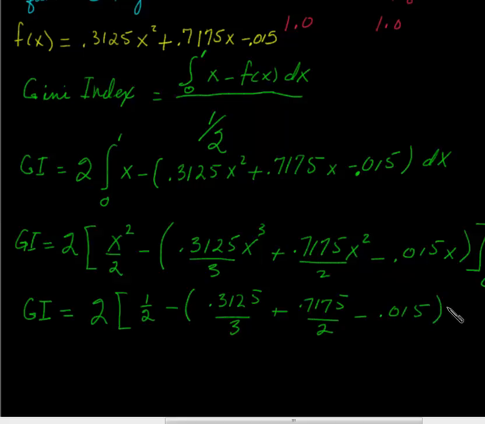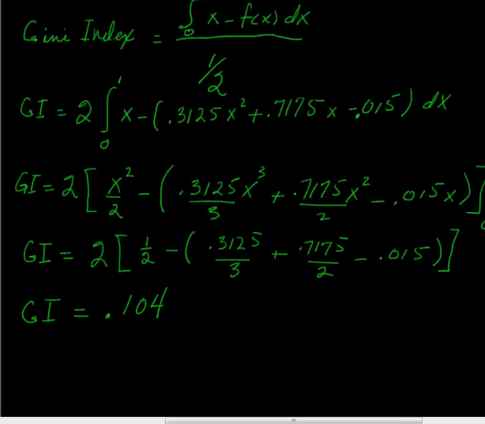Now that's what I get at 1, and what I have to subtract off would be what I'd get at 0, but we've already reasoned through that and we know that's going to be 0. So what do I do now? Well, that's all just numbers, so I'm just going to use a calculator and do the arithmetic, and I get a Gini index of 0.104. Now what does that tell me about the wealth in this particular community?